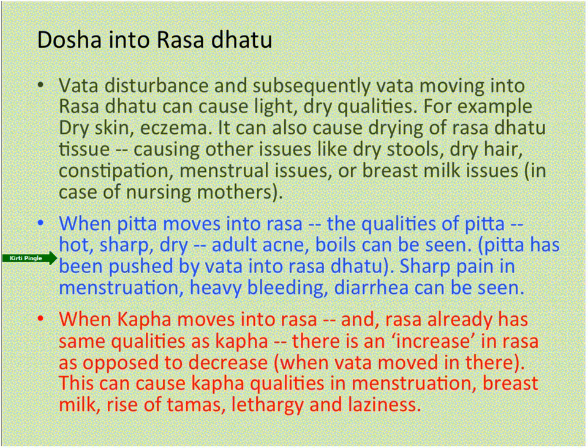Many times at this stage, if we do not control these doshas, they move into the next dhatu. For example, if we do not control Pitta in Rasa Dhatu, then it will easily move into Rakta Dhatu, Mamsa Dhatu, Medas Dhatu. When it starts moving into the deeper dhatus, generally all the doshas get aggravated or provoked.